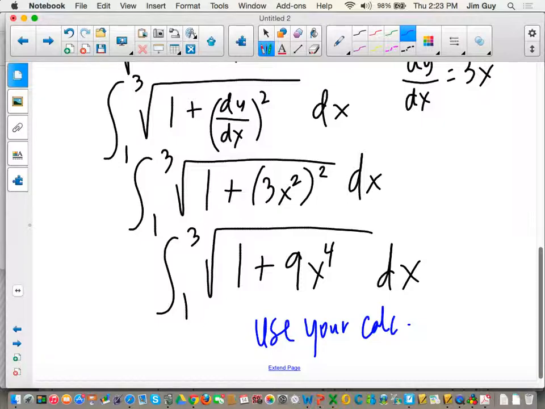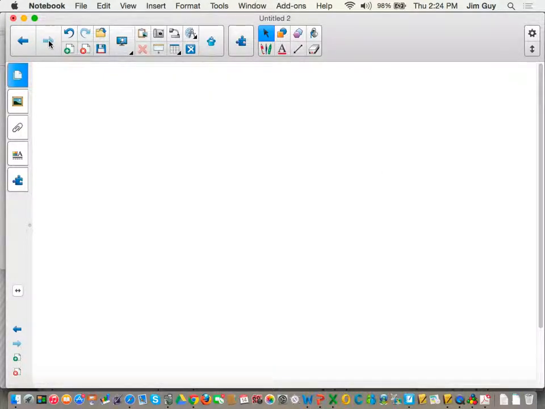Okay, so you're going to use your calculator for that. Some people just think you take the square roots of those parts separately. So you see what I'm saying?